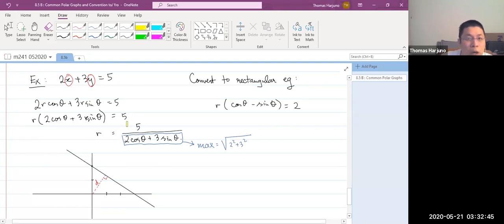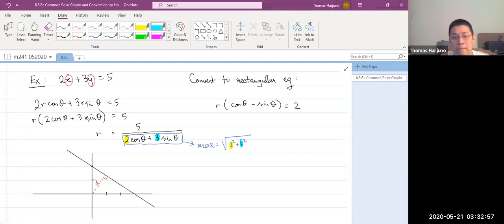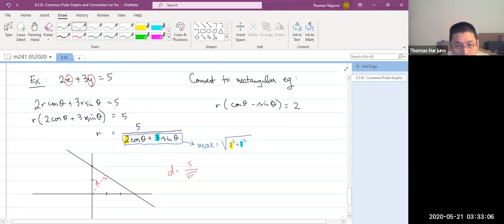The 2 squared comes from here, and the 3 squared comes from here, the coefficients of the cosine and sine. Okay, so the minimum distance d will be 5 over square root of 13, which I get from here. That's the closest distance.